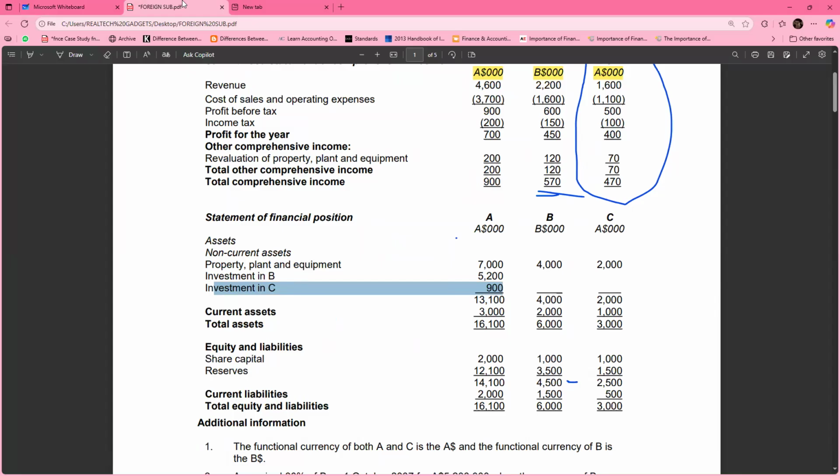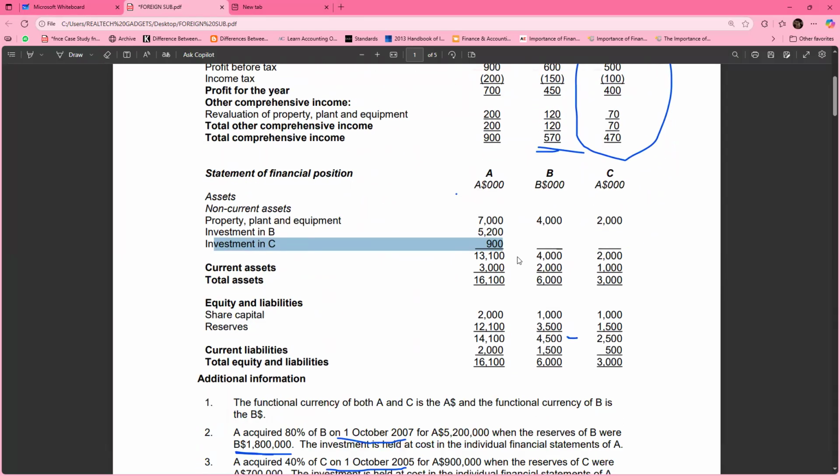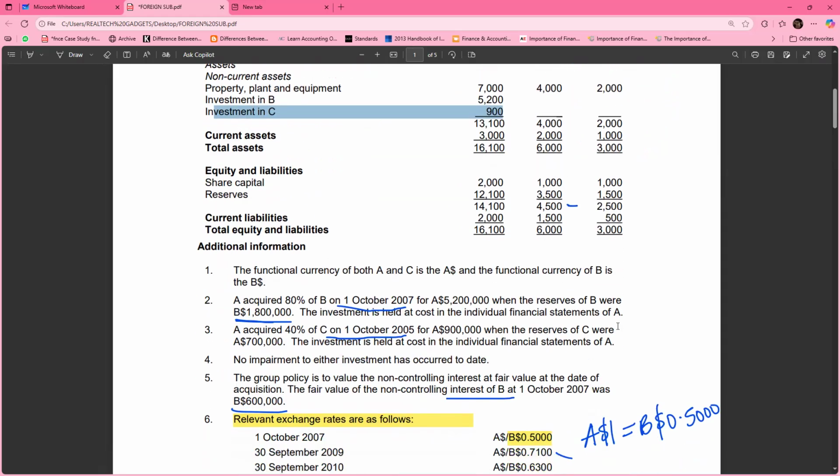For example now, this guy is saying I have 1.5, which is retained earnings as at today. Then the next thing that you need to look for is, let's look at additional information 3.